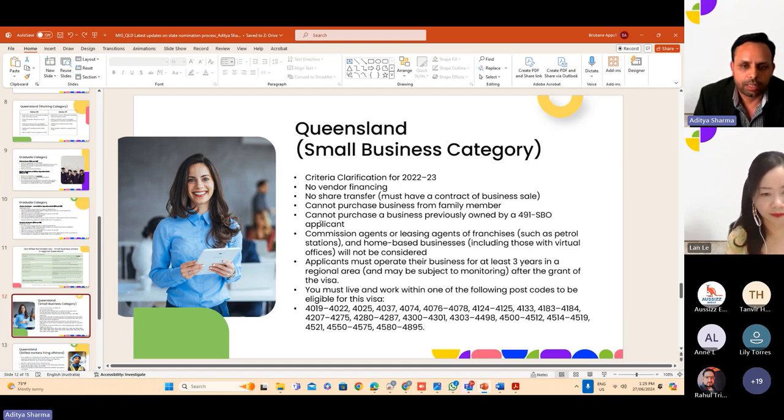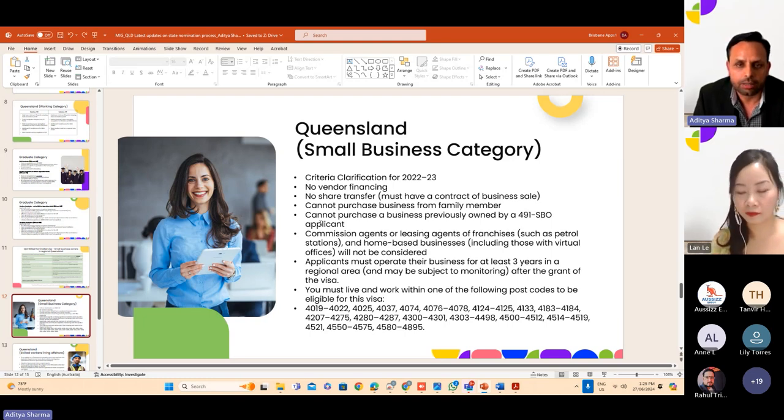So the 491 has the same sort of criteria for small business and the other categories. Once you are on this visa, living, working and studying in a regional area, you can apply for the 191. In the small business category, there is another requirement that you will have to hire 1 to 2 employees who are Australian citizens or permanent residents.